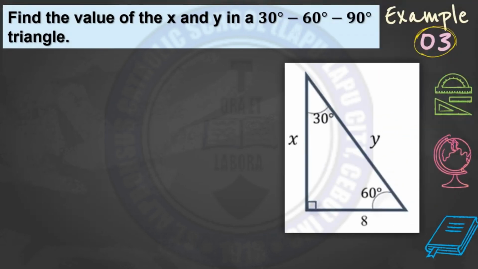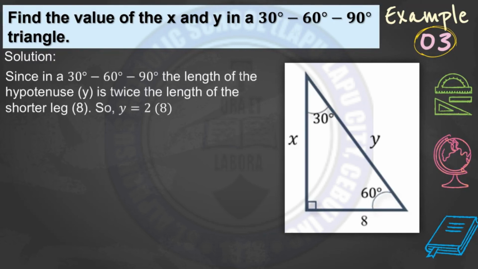Example number 3. Find the value of x and y in a 30-60-90 degrees triangle. For the solution, since this is a 30-60-90 degrees triangle, the length of the hypotenuse, which is y, is twice the length of the shorter leg, which is 8. So y is equal to 2 times 8. Y is equal to 16, since 2 times 8 is 16.